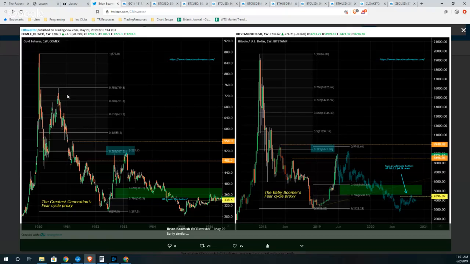Having said that, I've been watching the way that gold came down off of its insane rally peak, and I've been watching how crypto has done a very similar price pattern. Yes, I do understand that the time frame reference is different. I don't know how this correlates over time, but I do find it fascinating how there was a dead cat bounce in the gold market right back to 38.2s.